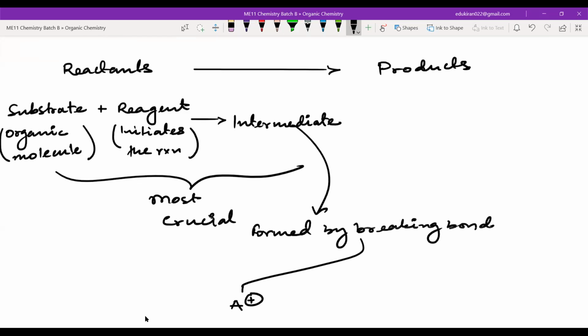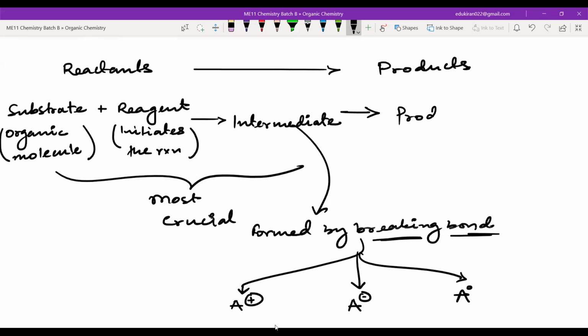There can be A positive, some A negative, or some A free radical. These are the only three species which can be present in the intermediate. There can be some other species also, but that is not the scope of the syllabus. So we will be looking at simple molecules which have a positive charge, a negative charge, or a free radical. Now, intermediates are formed by breaking of bonds. Breaking of bonds requires energy. That is why this is the most crucial step. Now, when you have charged species, they can easily combine and they can easily form products.